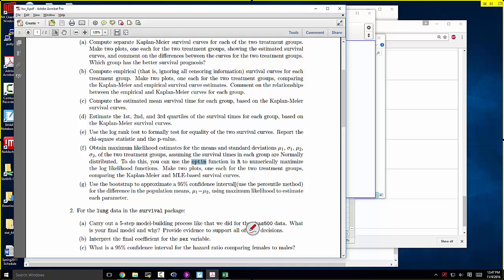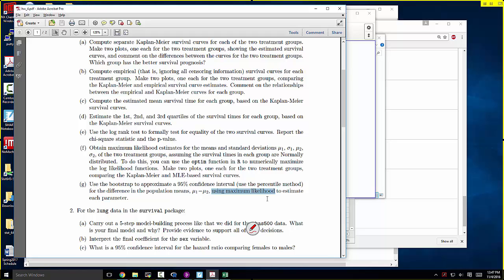And then I ask you to use a bootstrap analysis to get a 95% confidence interval for the difference in the population mean survival times, using maximum likelihood as the estimation routine.